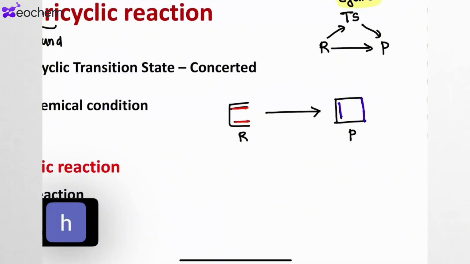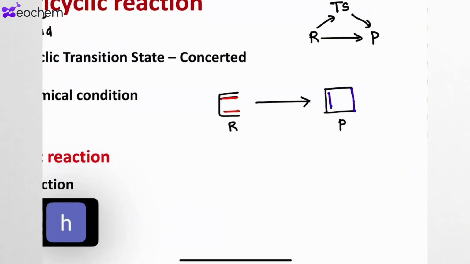To draw this transition state, first we'll draw the bonds which are not being changed in the reaction. It is these three bonds, we'll draw like this. Now, look at the bonds which are being broken. These two bonds, we'll draw like this. We are using dotted lines because these bonds are being broken.